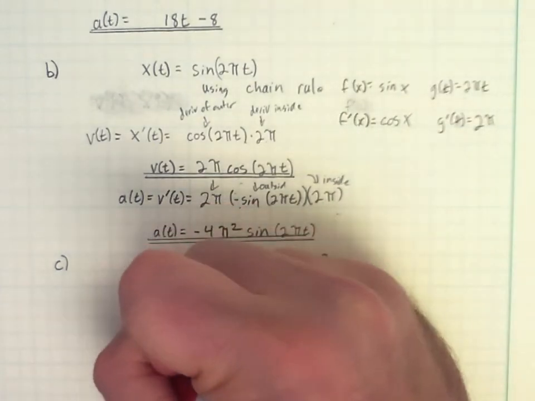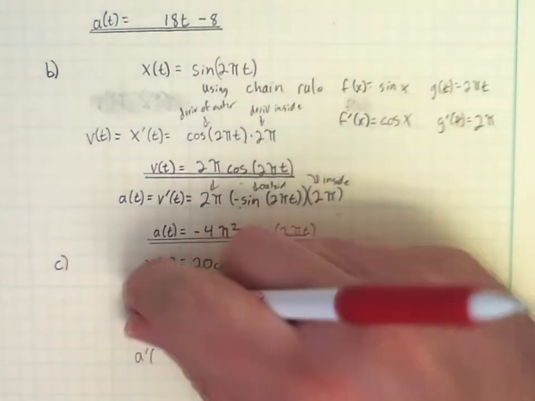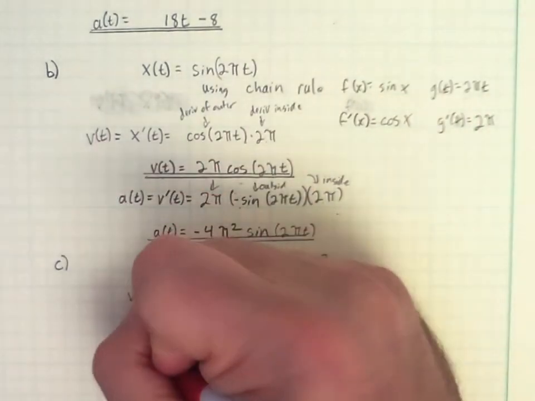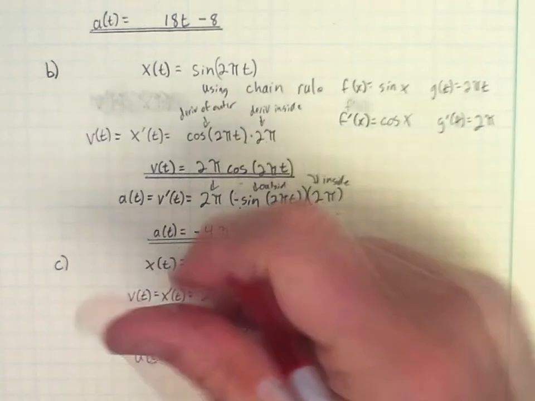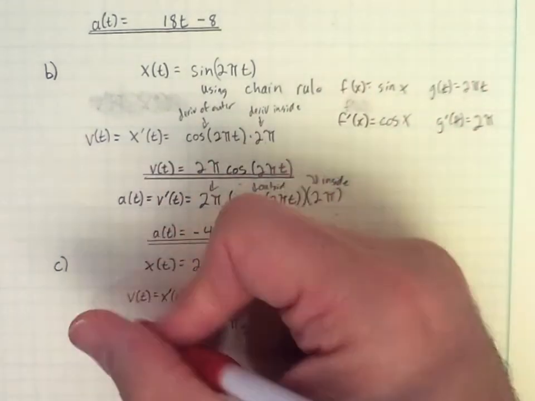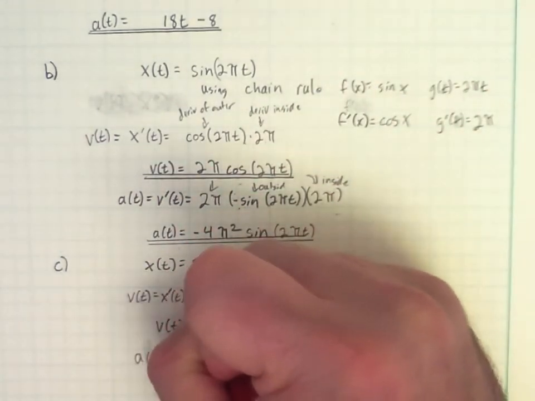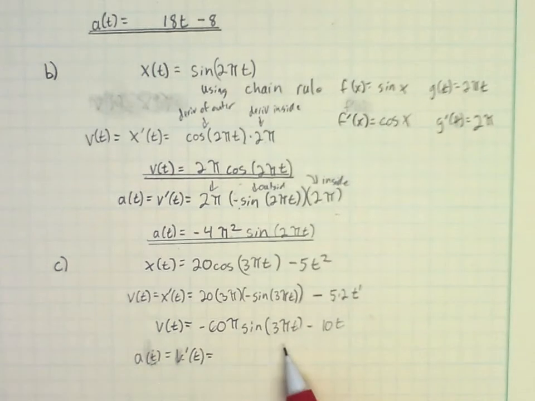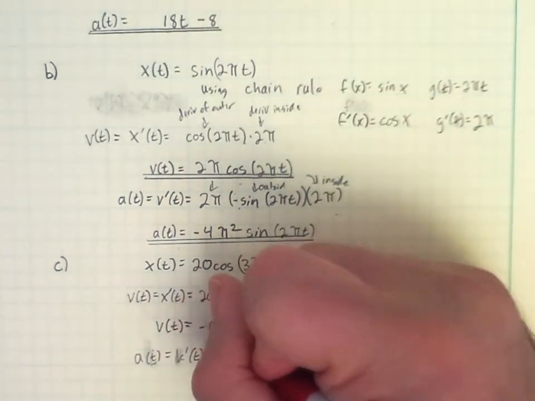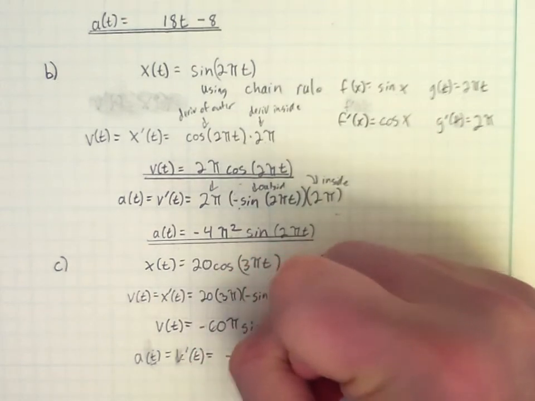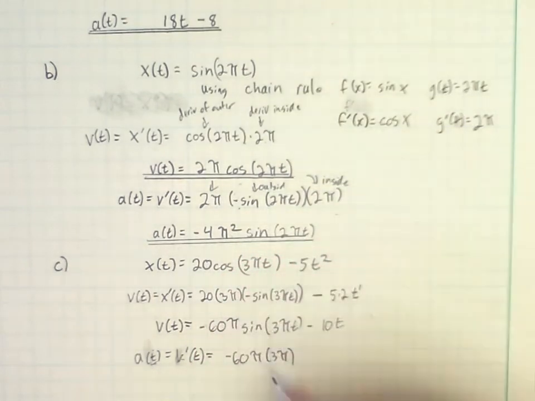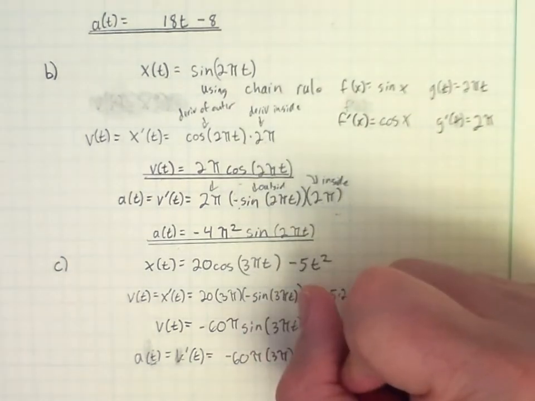And then I can get the acceleration, which is the derivative of that. So the same sort of way, if I'm taking the derivative of sine, I'm going to multiply that 3 pi out there again, so I'll get negative 60 pi times 3 pi. Derivative of sine is positive cosine.